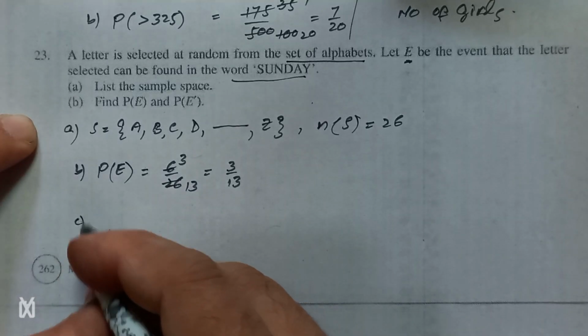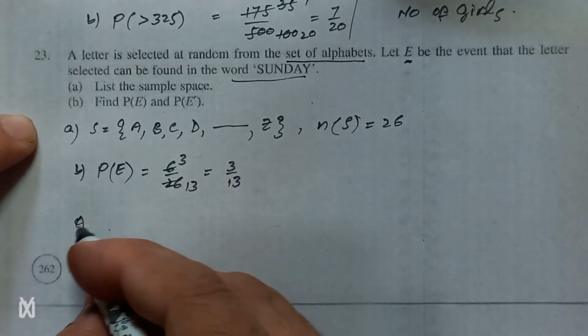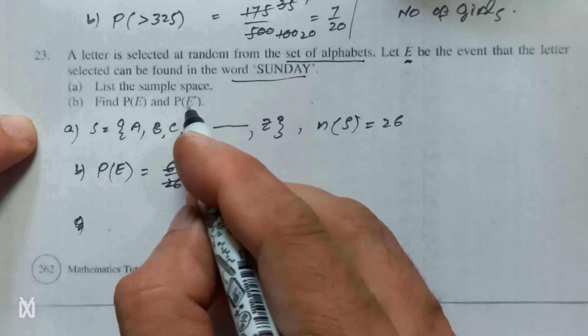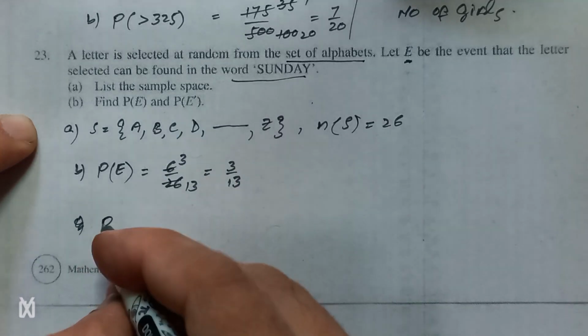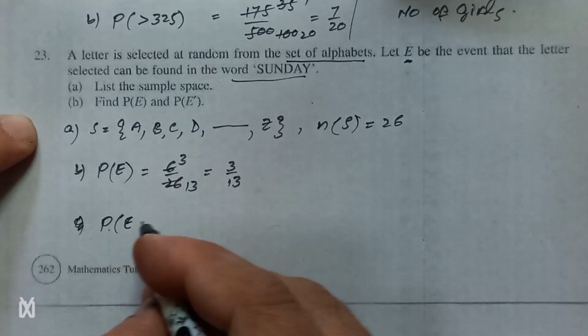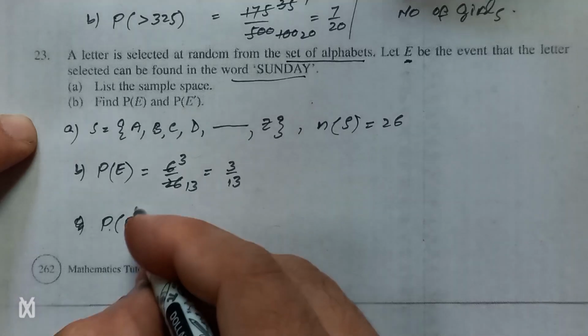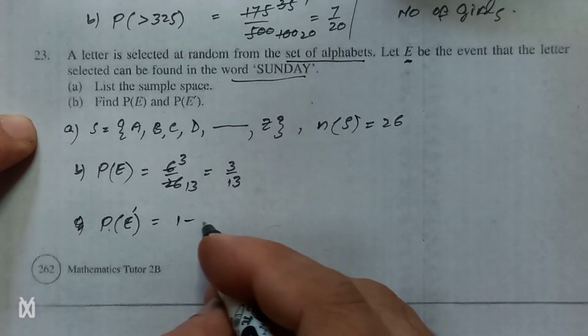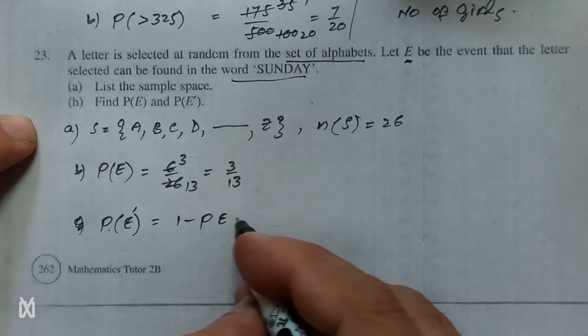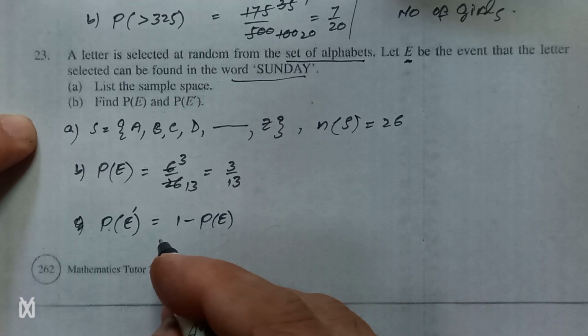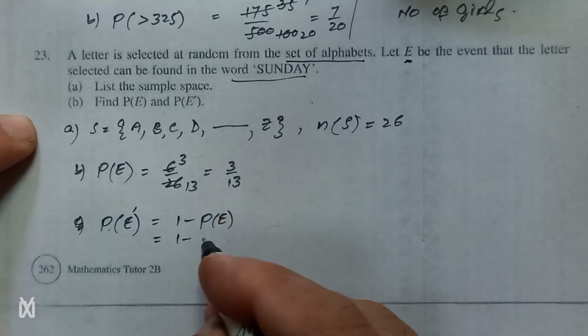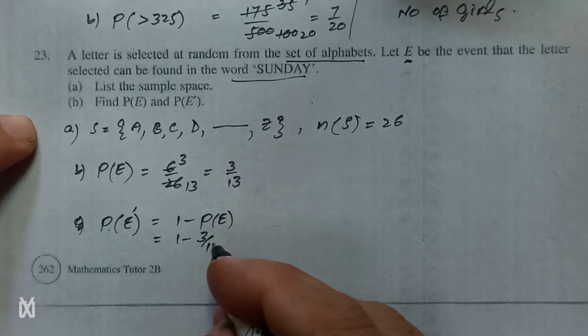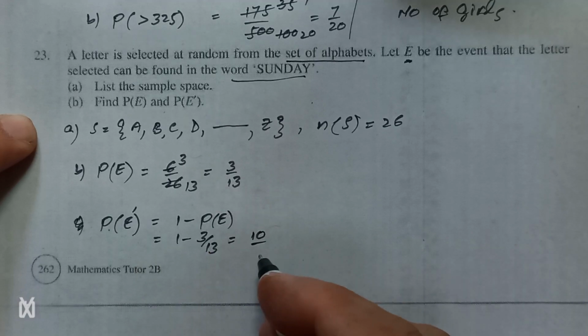And B's second part is find the probability of not E. So probability of not E can be found by subtracting probability of E from 1, and 1 minus 3 by 13 will be equal to 10 by 13.